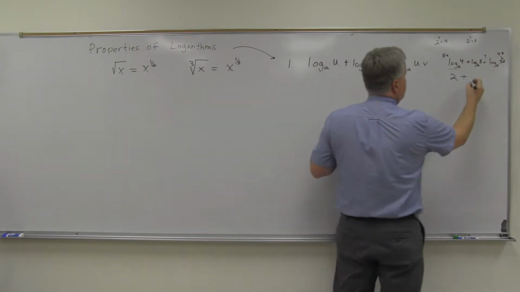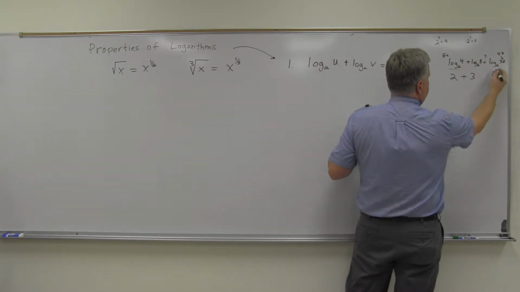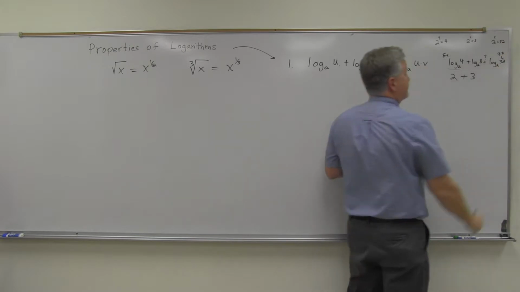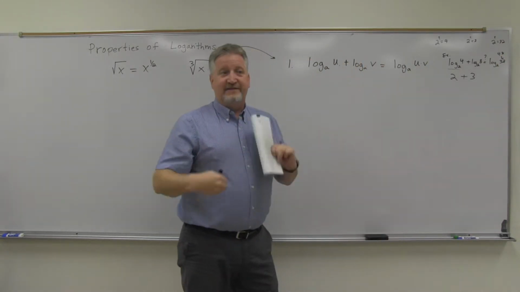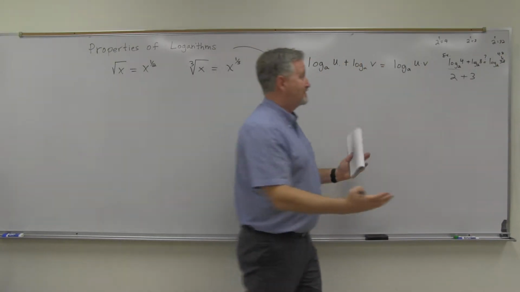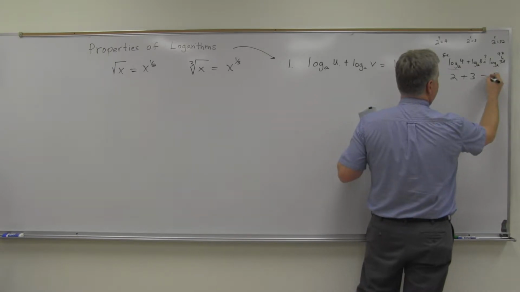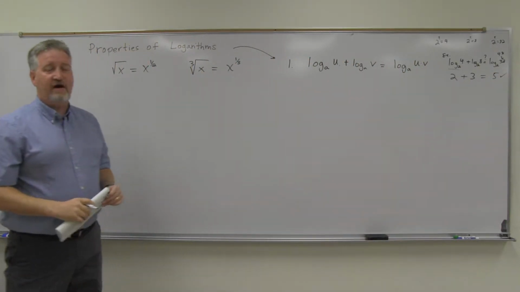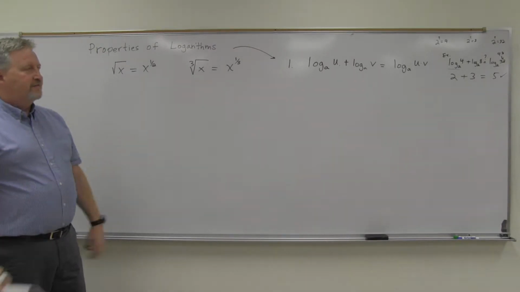Third power. So that value would be 3. So that's 2 plus 3, and then look at this. 2 to what power gives me 32? Well, 2 to the 4th is 16, 2 to the 5th is 32, so this is 5. Yeah, that's true, isn't it? 2 plus 3 does give you 5, and so that's just how these logarithms work.